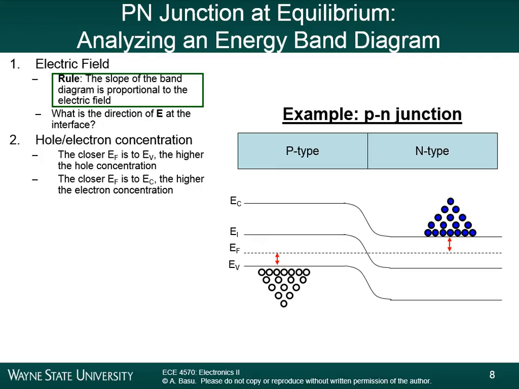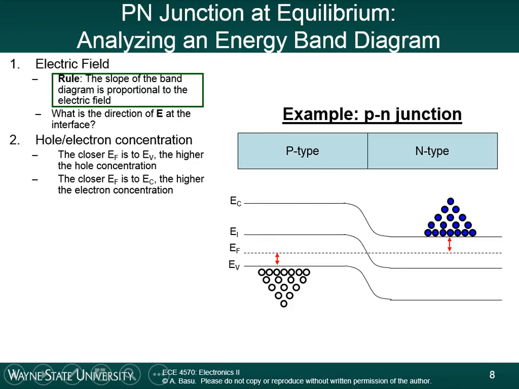Good. Now, the converse is true for holes. There's a high hole concentration here, and as we go lower in energy, there's lower hole concentration. This also has to do with the Fermi function. It's sort of the opposite of this, but based on the same idea.